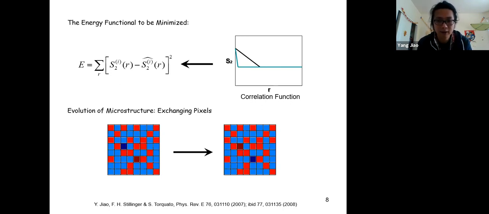But nonetheless, it encodes what we consider to be the most crucial microstructure information, in a statistical sense, that plays the most important role in determining the properties of the system. For example, I'll show later that you have two systems generated using this method.